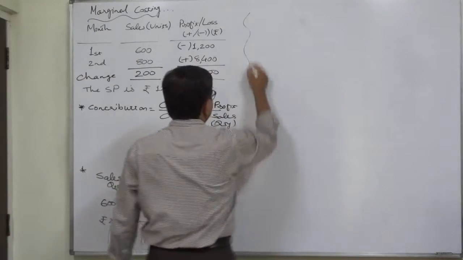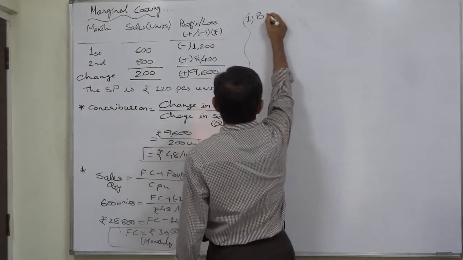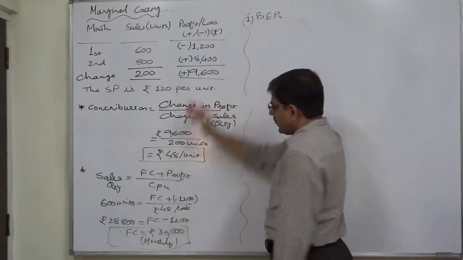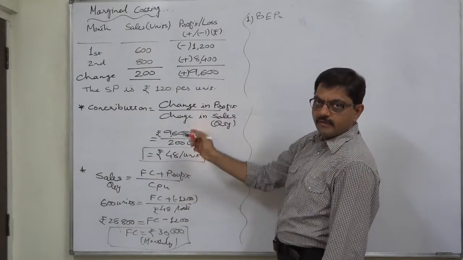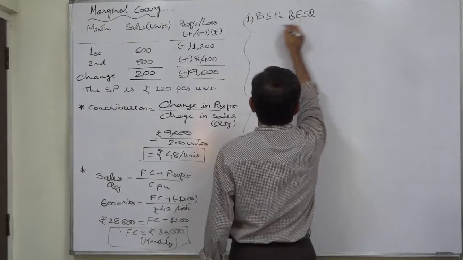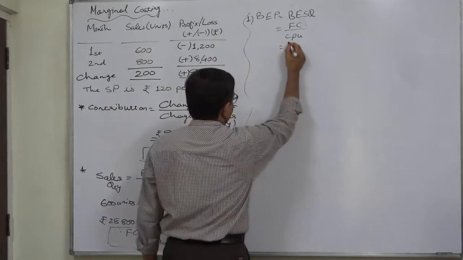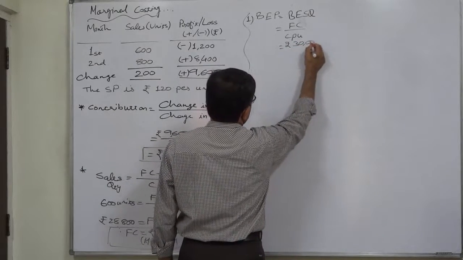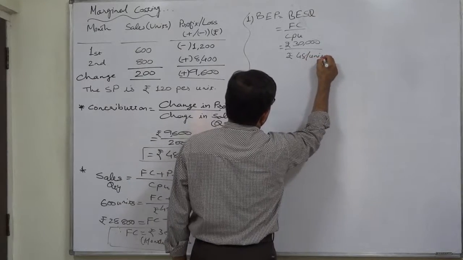Let us calculate break-even point. Now we know that that will be monthly break-even point. Here we have fixed cost as well as contribution per unit, so we can calculate break-even sales quantity. Break-even sales quantity will be fixed cost divided by contribution per unit. That will be rupees 30,000 divided by rupees 48 per unit.